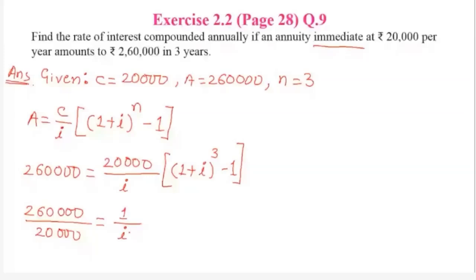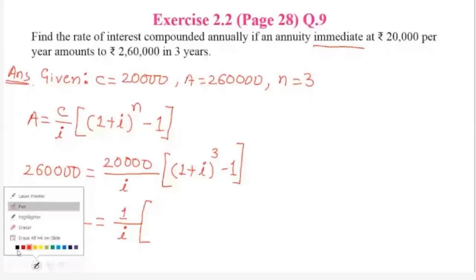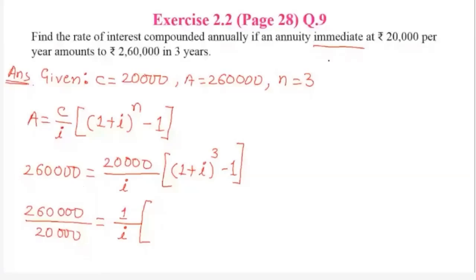Agreed? In square bracket, 1 plus I bracket raised to 3. Do you remember that formula? You will require this formula: A plus B whole raised to 3 is equal to A cube plus B cube plus 3AB in bracket A plus B. That's the formula.